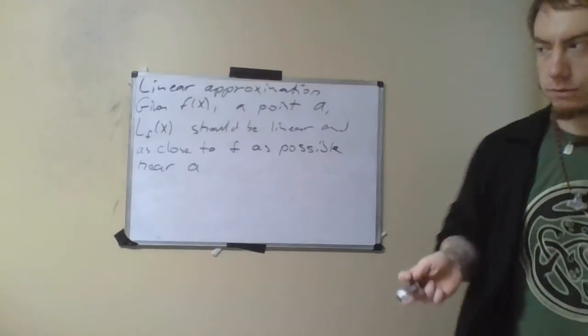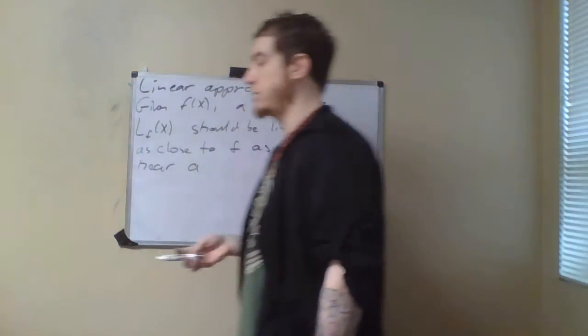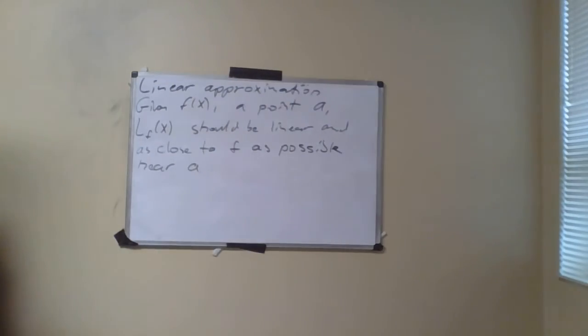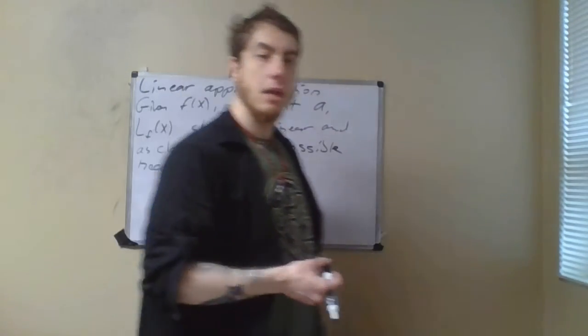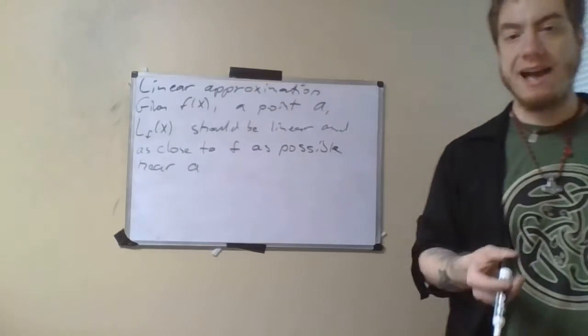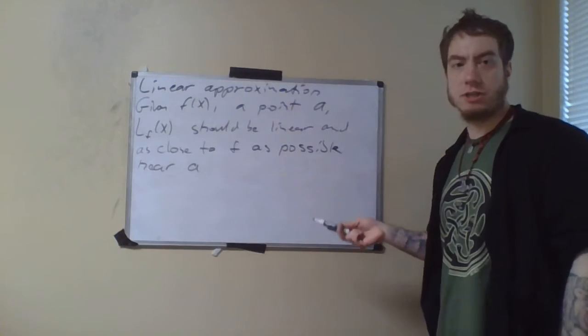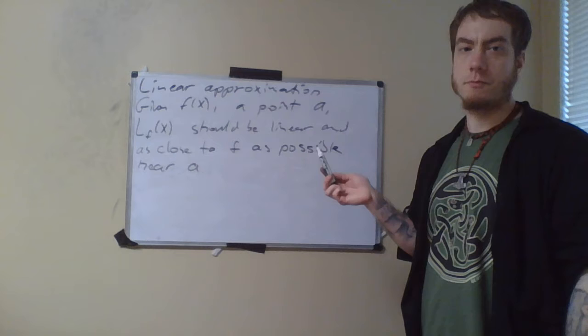Well, one reason you might want to do this is because linear functions are really, really, really easy to work with. I mean, you probably know that beyond constant functions, there's nothing simpler than a linear function.